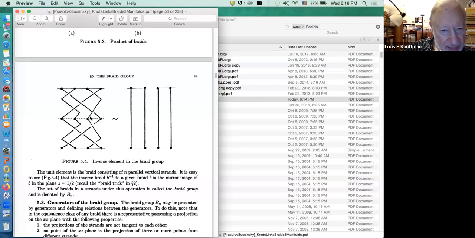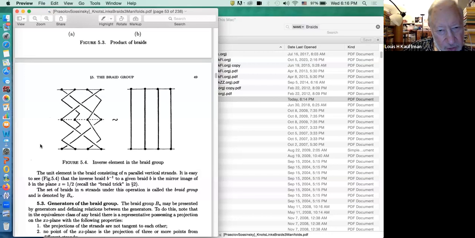He's standing at the edge of a pool, and here's the water in the pool. And this is the image. This is the mirror image of that braid from bottom to top, like that. And then you put them together. You put the braid together with this mirror image, and it all cancels out. That means that multiplying braids, every braid has an inverse, and that means the braids form a group.